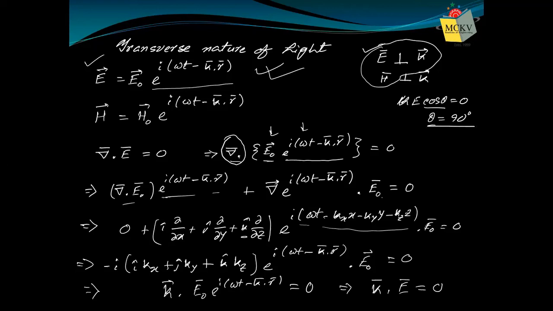So what have we done? We have used Maxwell's first equation, divergence E equals 0. We have put the expression of E and then simplified it. And when we simplified it, we get k dot E equals 0. That means in simple words, from divergence of E equals 0, we get k dot E equals 0, as if divergence is represented by k.